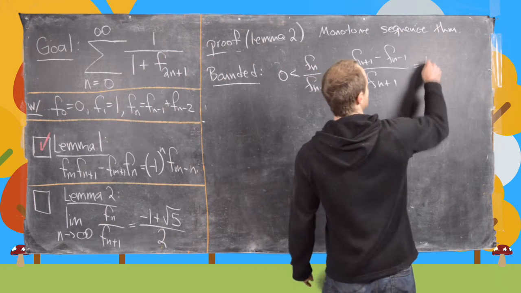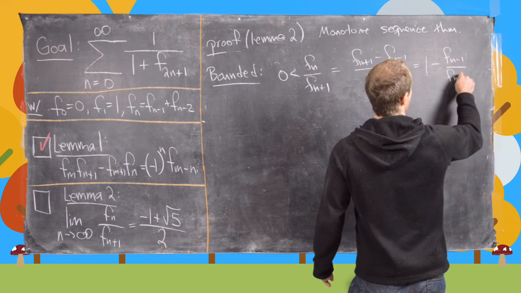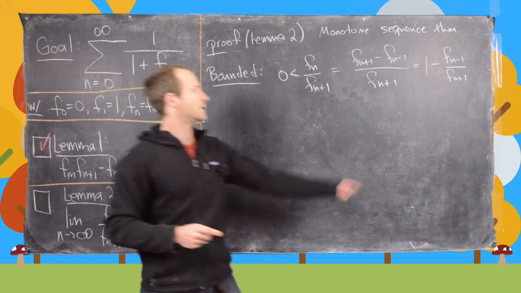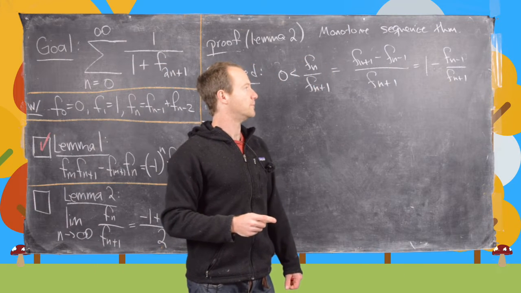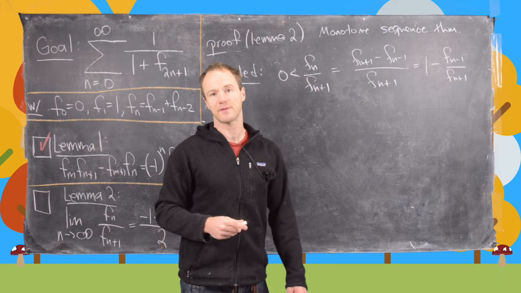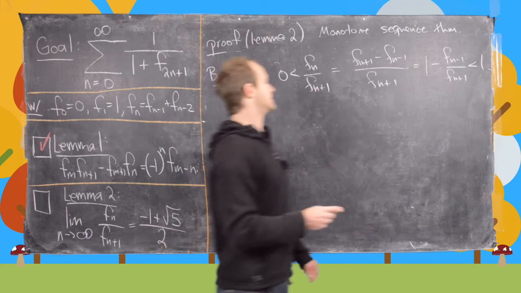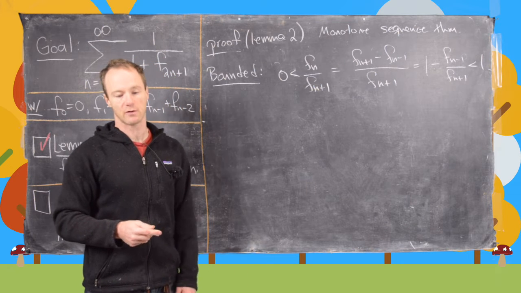But now notice that's going to give us 1 minus F_{n-1} over F_{n+1}. Good. But now notice this term is bigger than 0, so we're taking something that's bigger than 0 away from 1, so that means that this is less than 1. So that means our sequence is bounded between 0 and 1.